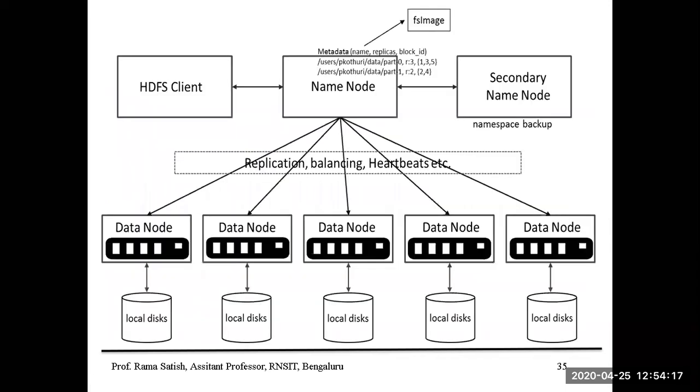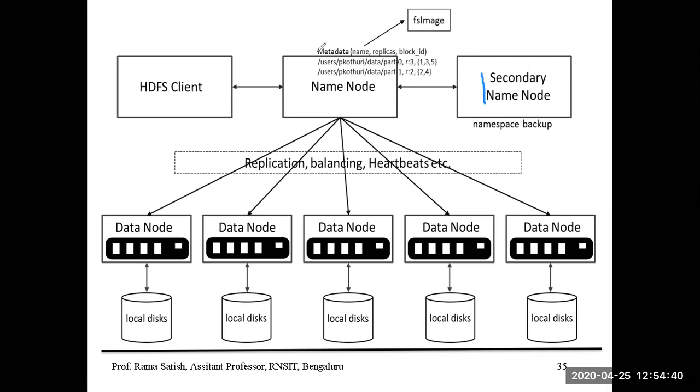You can see here, the HDFS client will always talk to the name node, and observe one very important thing: this name node will always be backed by the secondary name node.